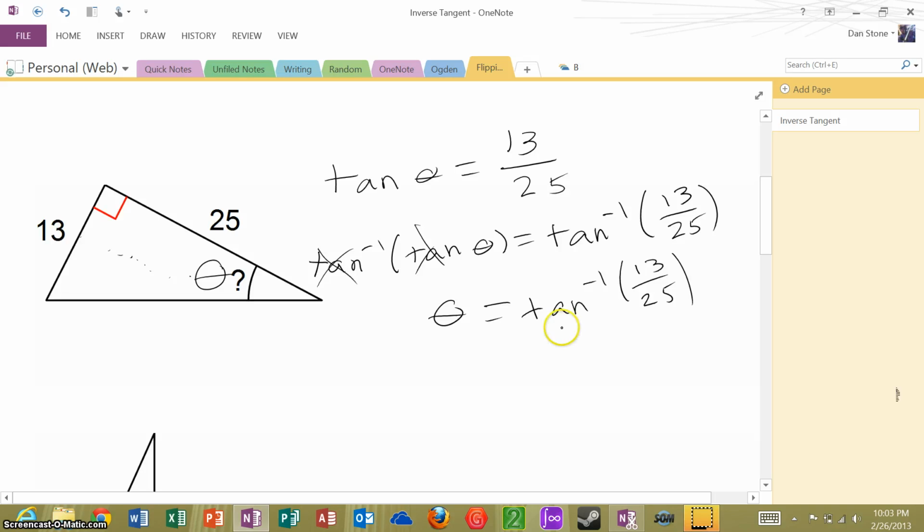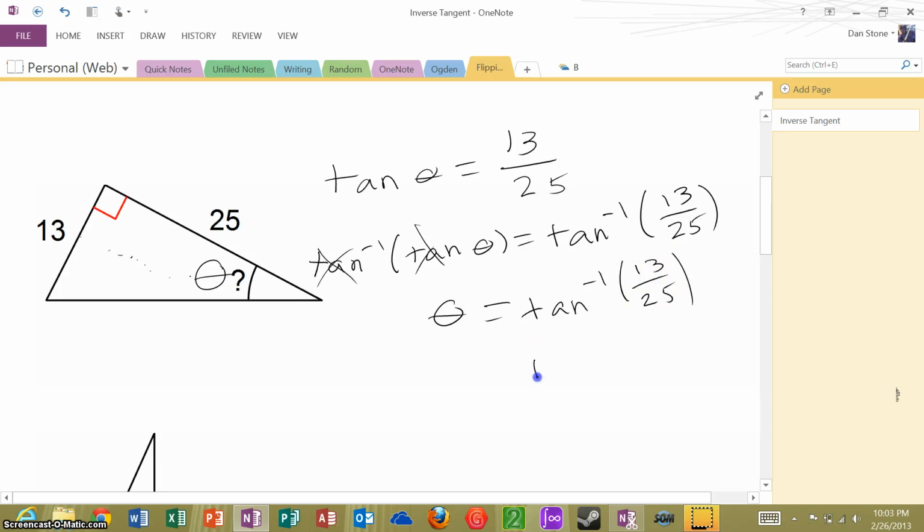And what's awesome is that we can input this directly into our calculator. Inverse tangent of 13 over 25. You can punch that into our calculator. Make sure that you close your parentheses. Make sure that they're both in the parentheses there.